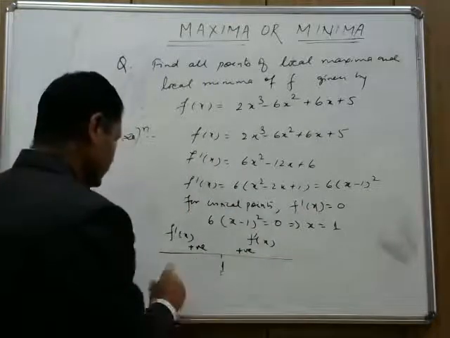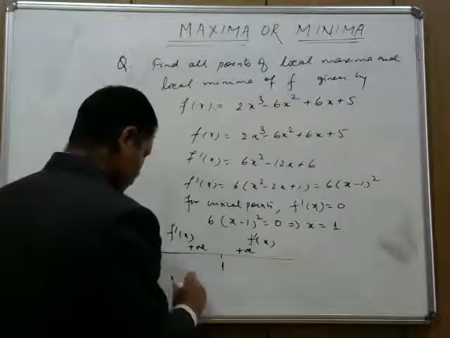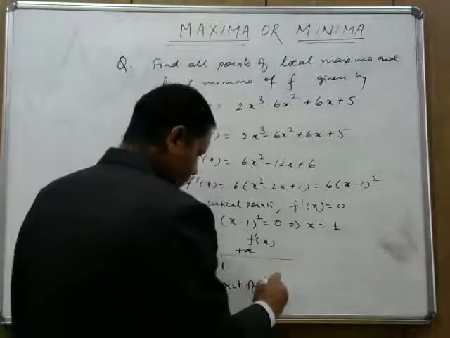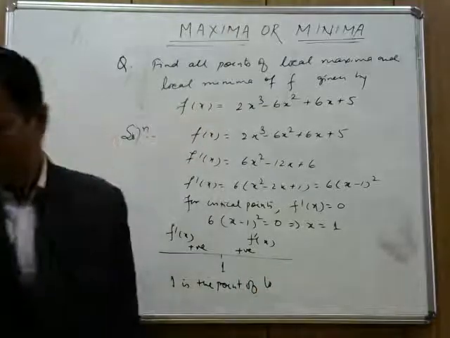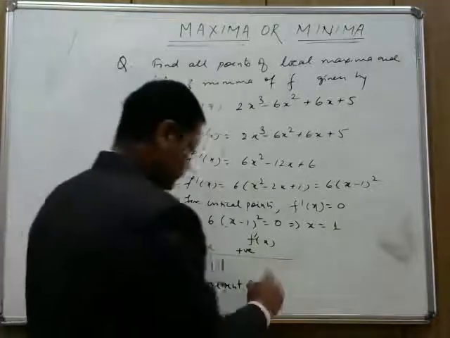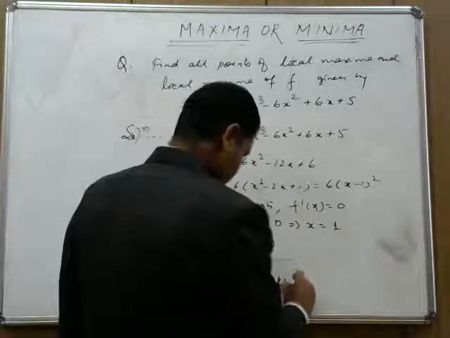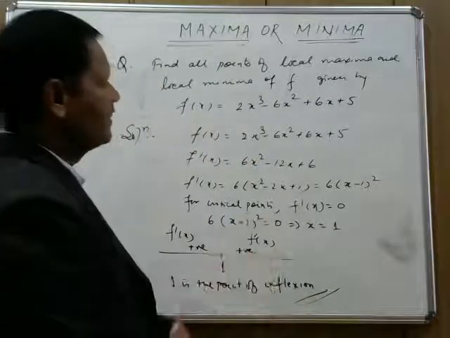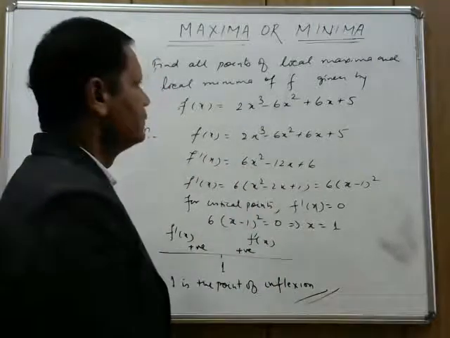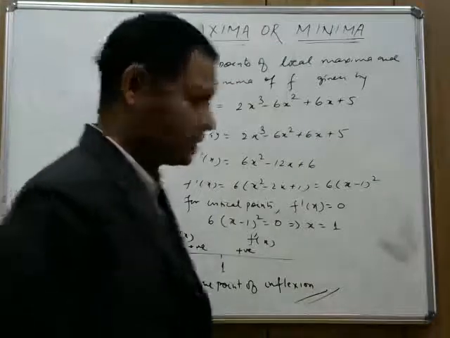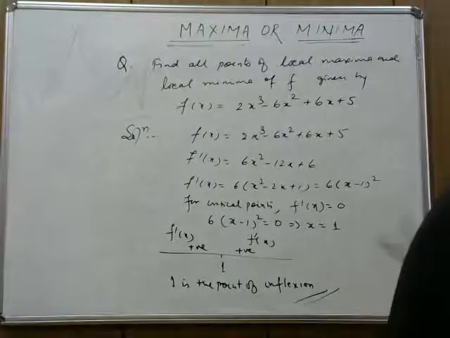It means here 1 is the point of inflection. This is called point of inflection. That means it doesn't attain the maximum value or minimum value. This function doesn't attain the maximum value and minimum value, and here this 1 is the point of inflection.